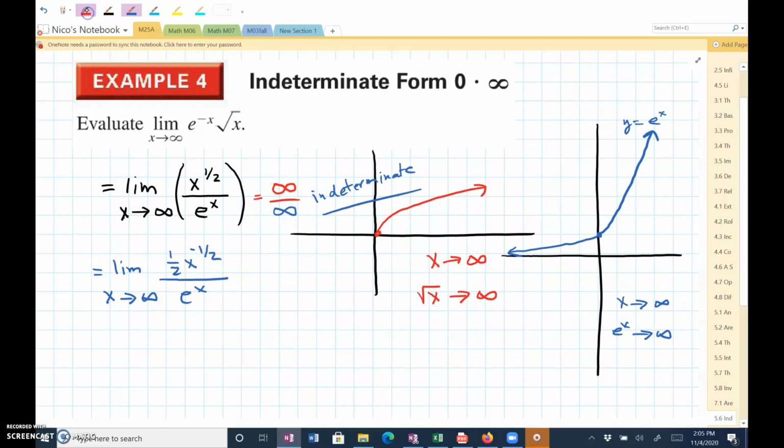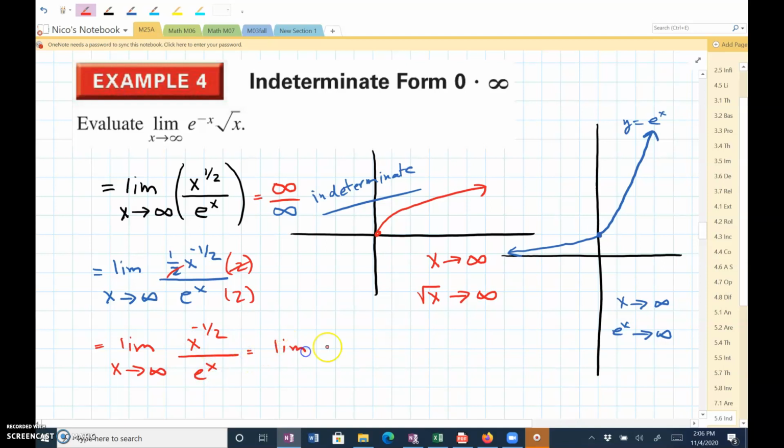So now, when I multiply the numerator and the denominator by 2, you end up getting the limit as x goes to infinity, x to the negative 1/2 all over e to the x, which equals the limit as x goes to infinity, 1 over x to the 1/2 times e to the x.